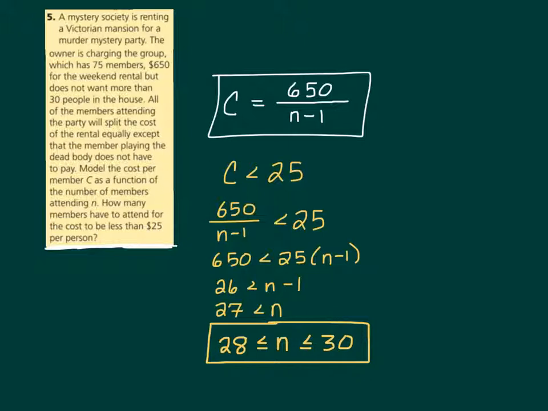I would classify this as a difficult word problem because they tell you that the group has 75 members, and that does not play any role in the problem. And there are those of you in here that have the overwhelming desire to use every single number they give you. So, we're starting to see these word problems where you have to look through the information provided, and there's going to be some of it that doesn't matter, and you have to be able to recognize that.